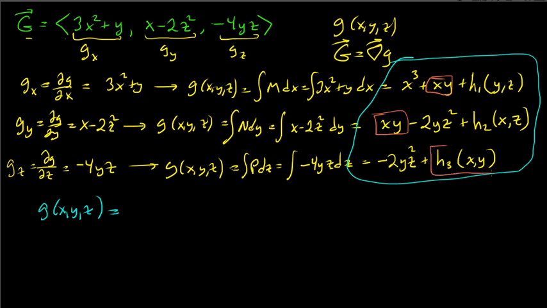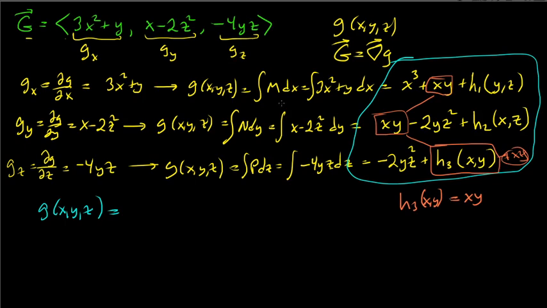Well, this h3 can only be a function of x and y. So it looks to me like we can just use h3 as a function of x and y. That might as well be x times y, right? So we're gonna make this, right, equal to plus x times y in just a minute, right?